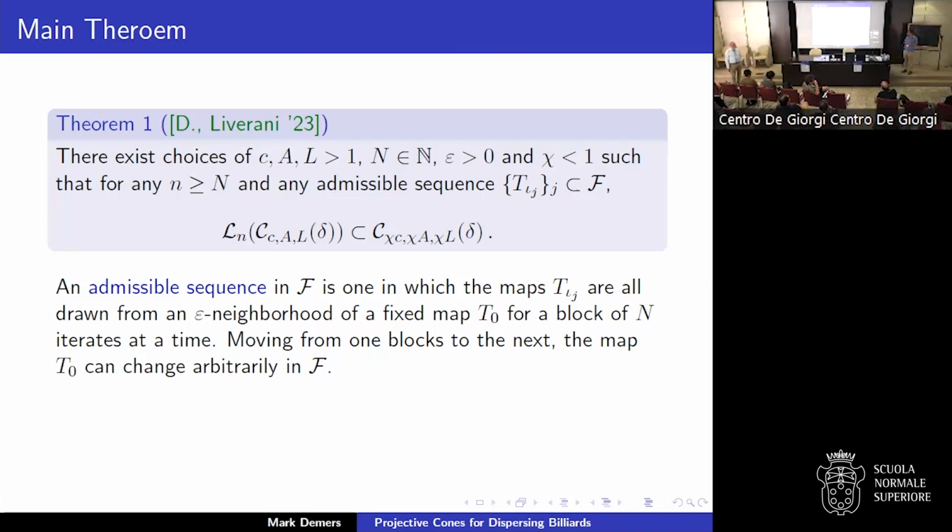That's why we fix one map, T0, we have an N for that map, but we don't know how to quantify what N is depending on the map. Then we choose a neighborhood of that map. So it's a mixing time. Even in the coupling arguments for billiards for a single map, we don't have good control on that mixing time. If we did, we could get very good bounds on decay of correlations for a single map, but we don't have good bounds on that.